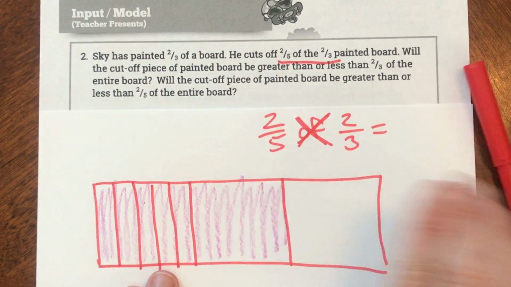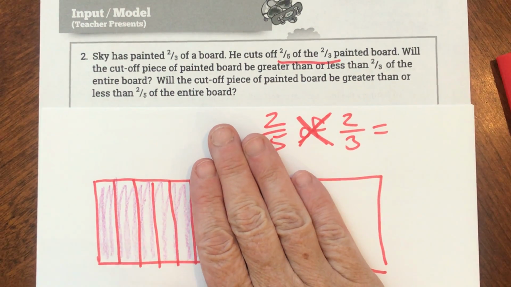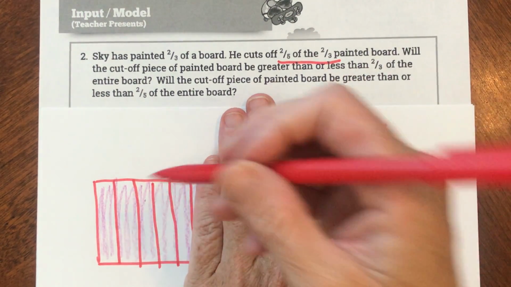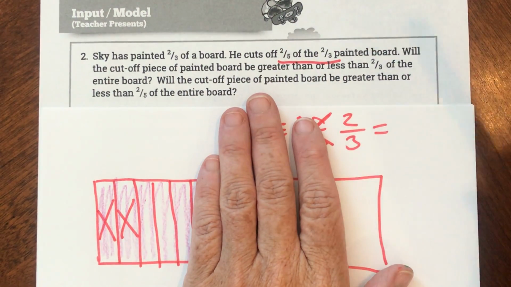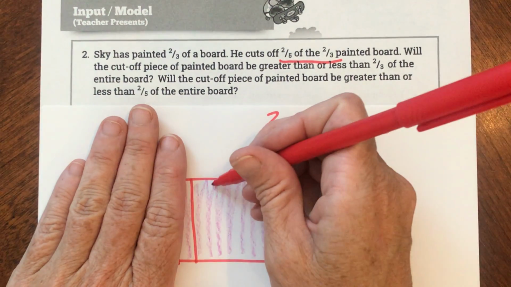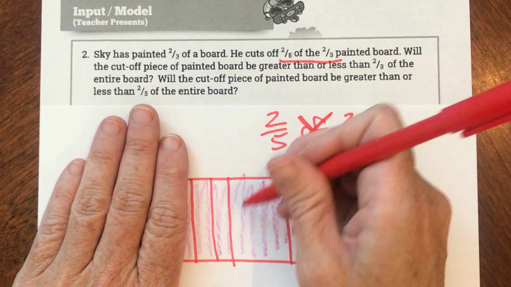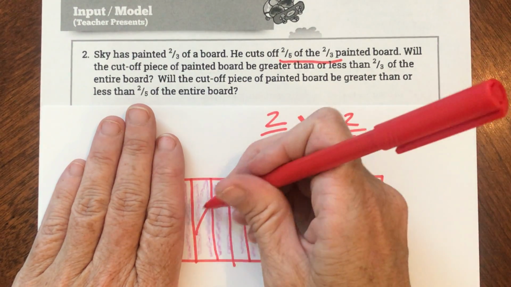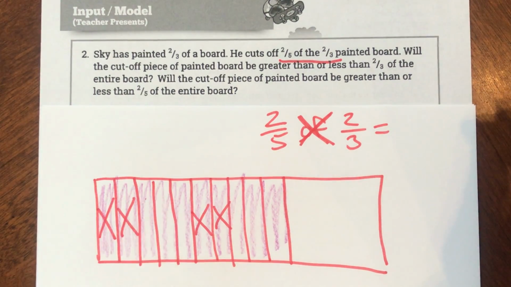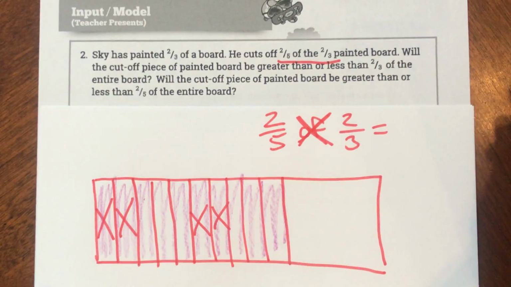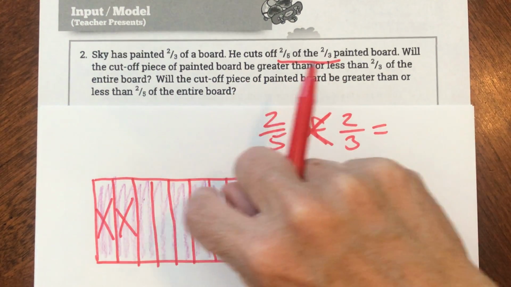So that part I divided into fifths, and he's going to cut off how much? 2/5 of them. 1, 2. He cut off. And then this one, let's divide it into fifths, and he's going to cut off 2/5. Okay. So he's only cutting off those parts.